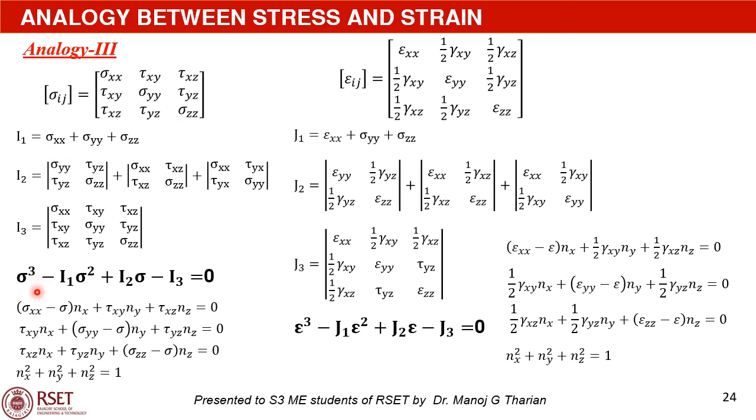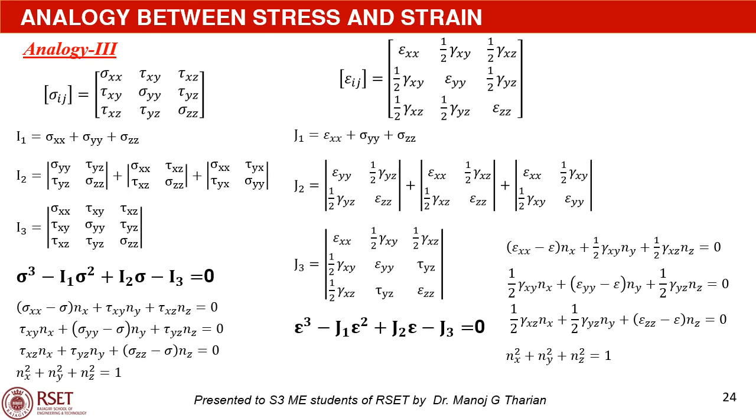Substituting the values of I1, I2 and I3 in the characteristic equation for principal stress, sigma cube minus I1 sigma square plus I2 sigma minus I3, and solving this cubic equation, we will get the three values for the principal stress, namely sigma 1, sigma 2 and sigma 3. Substituting these three values in this set of equations in turn will give you the values of the direction cosines nx, ny and nz of the three principal planes for stress.